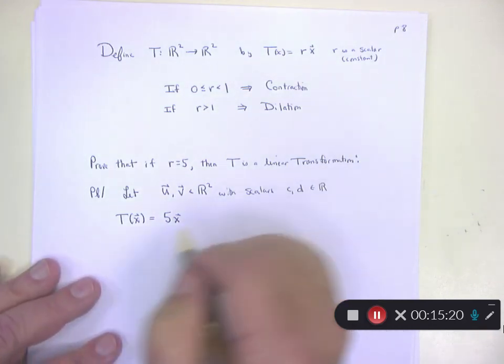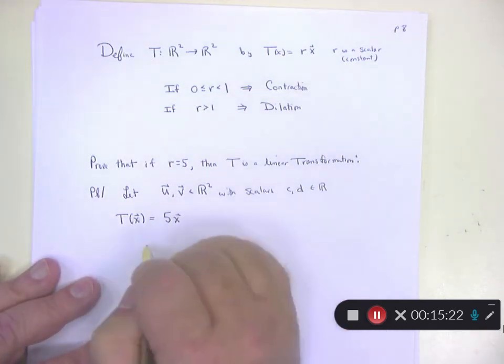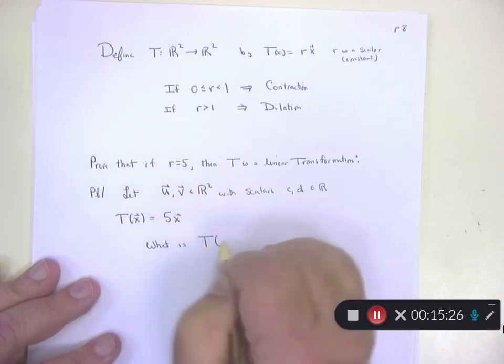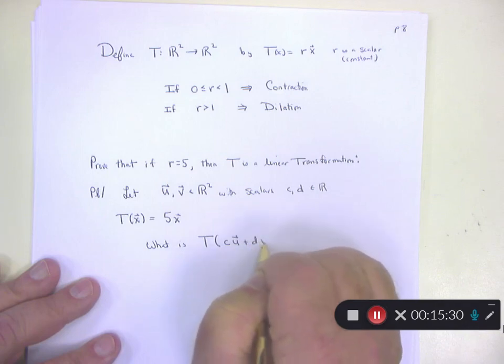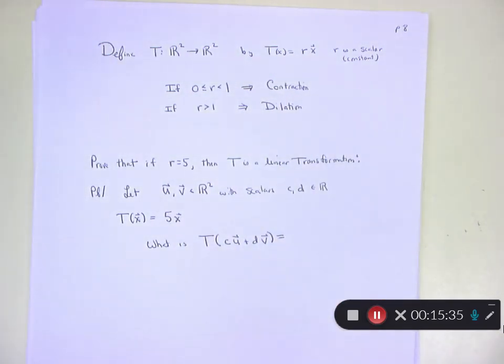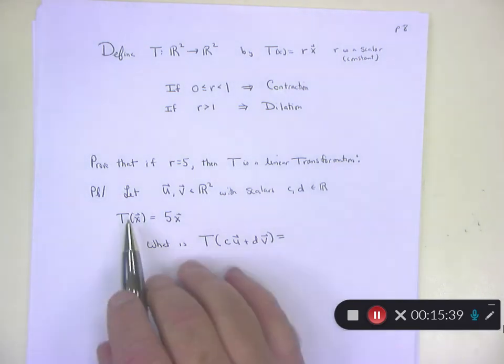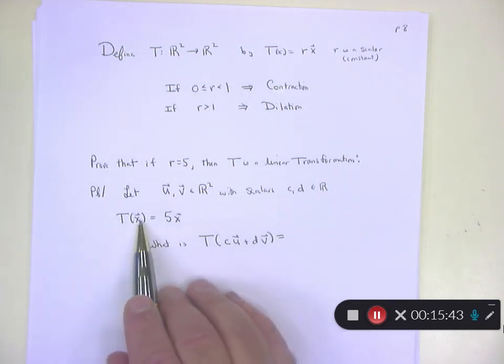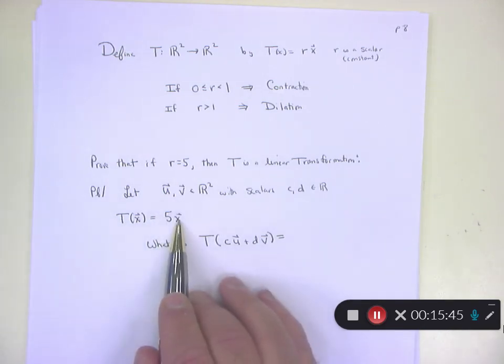Okay? So, what is T of constant c times vector u plus constant d times vector v? What will that be equal to? Don't think too deep in this. The operation is when I take T of x, that will be equal to 5 times whatever the vector is.